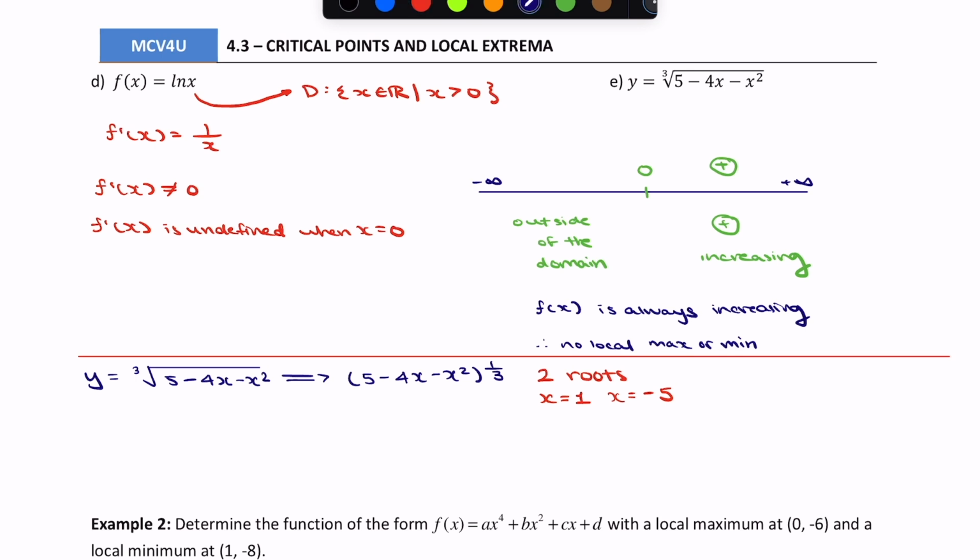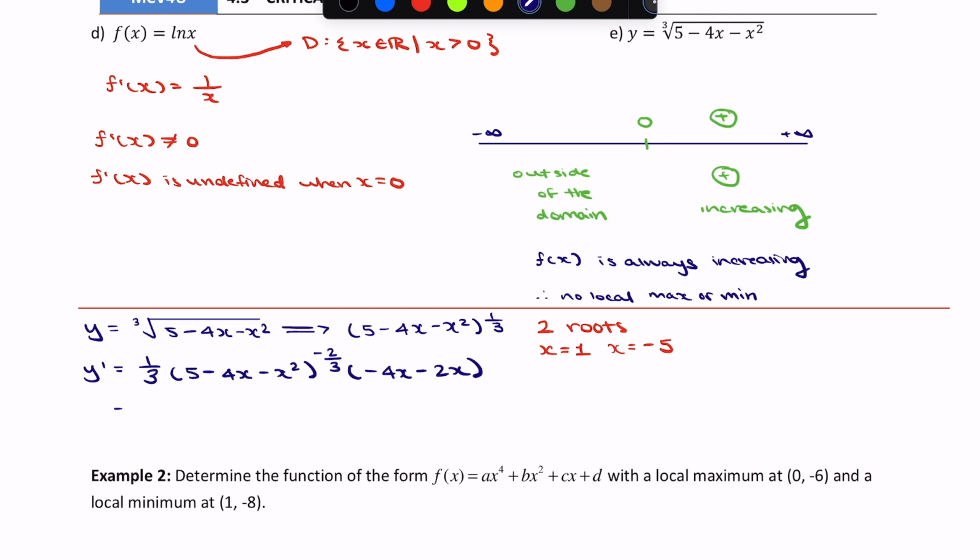Next thing we'll do here is we'll differentiate this function. So we'll do the outside, so 1/3 (5 - 4x - x^2)^(-2/3), and then we'll differentiate the inside, which will be -4 - 2x.